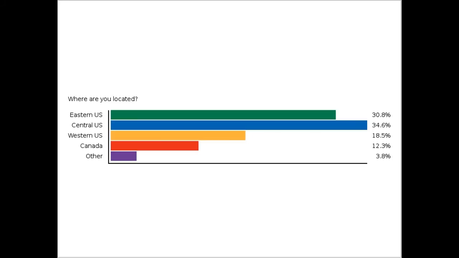Looks like Central U.S. is the biggest participant this webinar. Okay, go ahead and close the poll. Last chance. Okay, and there's the results. Central first, Eastern next, Western Canada, and almost 5% from other.